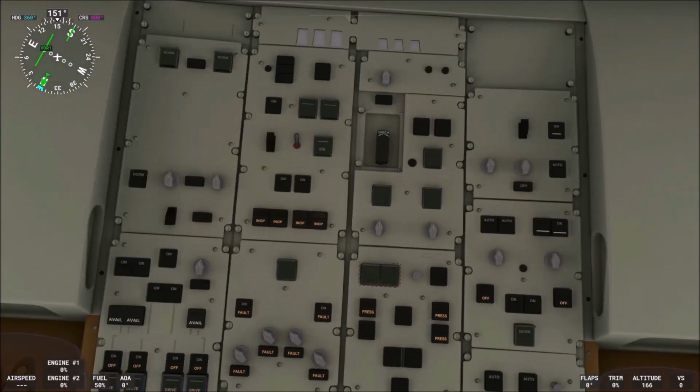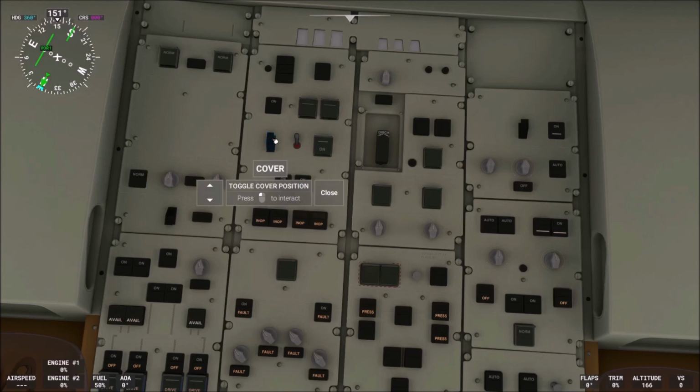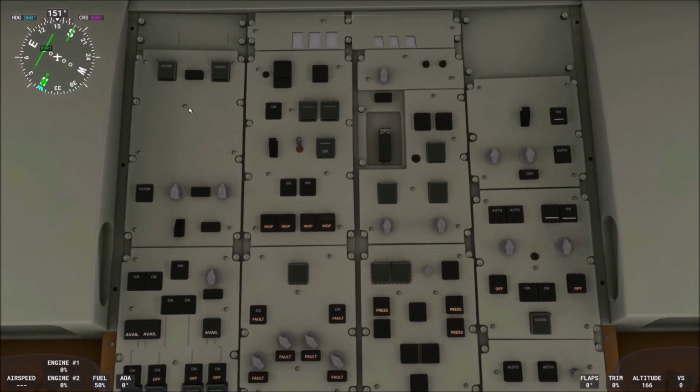Now please be a little bit attentive. Exactly under this knob, exactly under the flight deck door power switch, we have the emergency light guard, which must be also closed. The emergency light guard is exactly here. So you don't touch this, this is closed. And I was saying, please be attentive because we have two different closed guards.